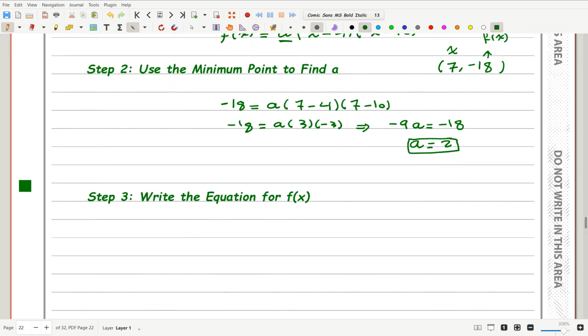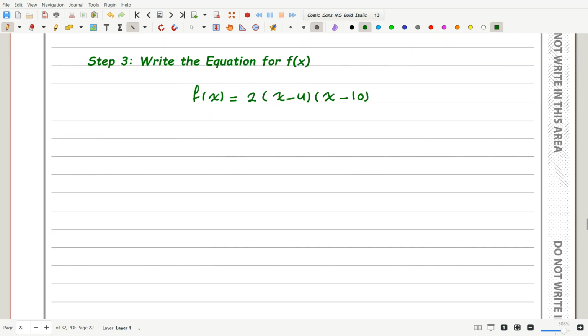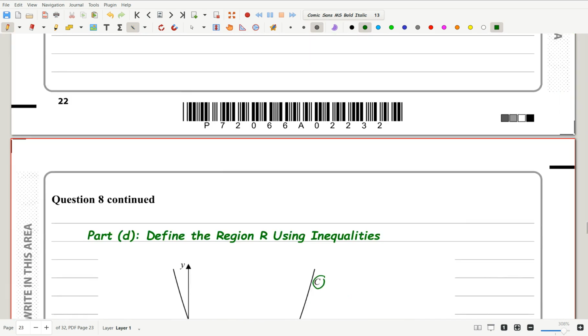Now write the equation: f of x equals 2 times (x minus 4) times (x minus 10). You can expand it and write it in power of 2. So this is part C.